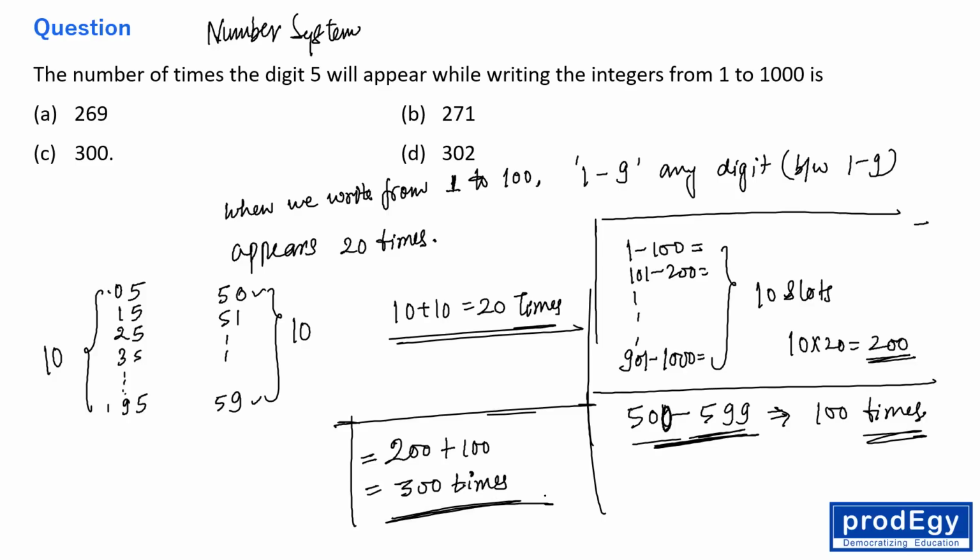In fact, any digit from 1 to 9 will be occurring 300 times when we write from 1 to 1000, right everyone?